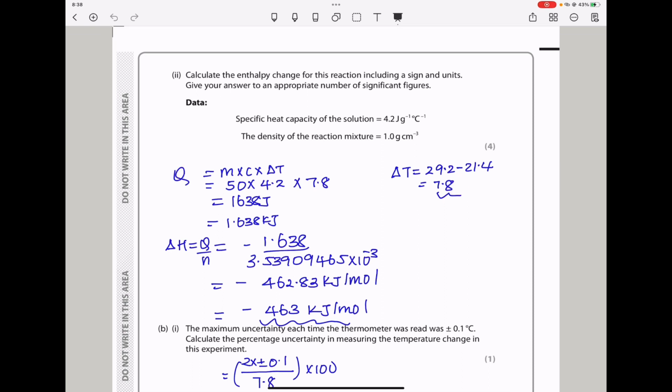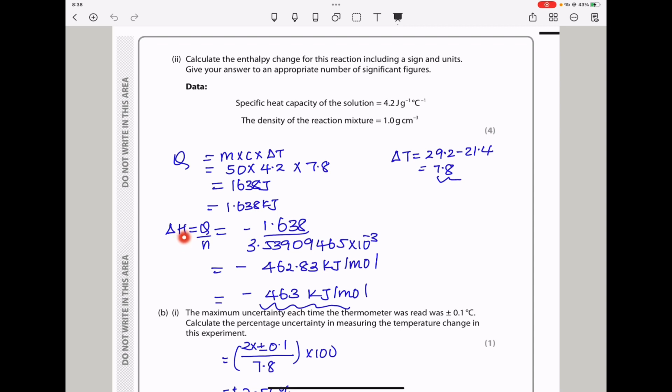The Q, which is the energy release or heat release, is going to be mass of the hydrochloric acid times the specific heat capacity times the delta T. Now, since they've told us the reaction mixture has a density of 1 gram per centimeter cubed, it means 50 centimeters cubed is also equal to 50 grams. So the mass I used is 50 times that specific heat capacity times the delta T, and I got 1638 joules. To convert that to kilojoules, you divide by 1000, and I got my Q as 1.638 kilojoules.